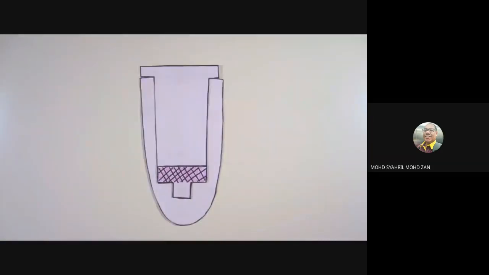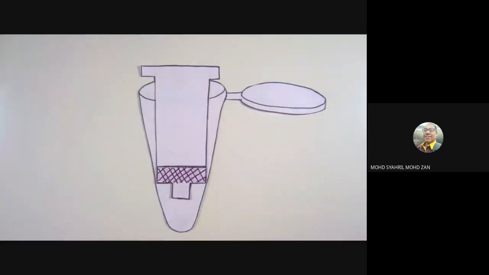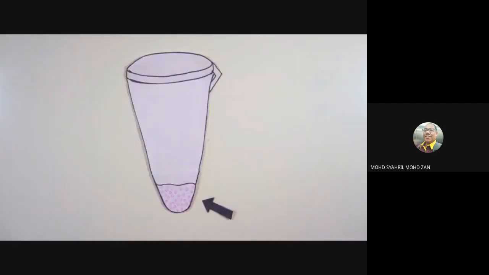The column is then washed with wash buffer to remove any remaining contaminants. Finally, an elution buffer is added to release the plasmid DNA from the silica matrix. This flow-through is caught in a fresh tube. The final solution contains isolated plasmid DNA. Each step of this protocol will now be demonstrated and explained in detail.